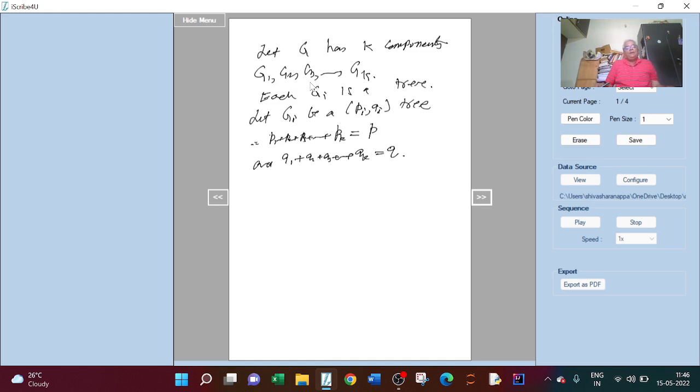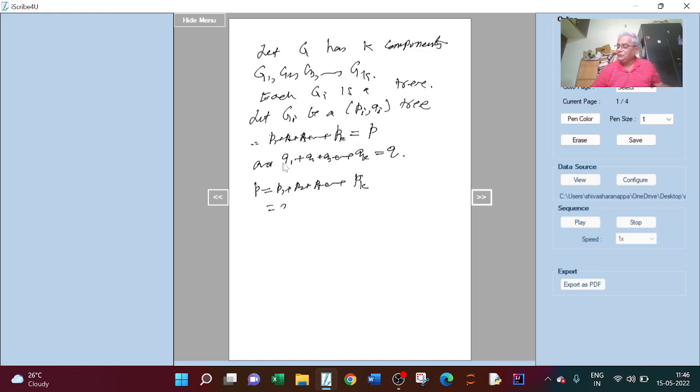Okay. Now given that each Gi is a tree, therefore Pi equal to Qi plus 1. So we write P equal to P1 plus P2 plus P3 up to Pk.